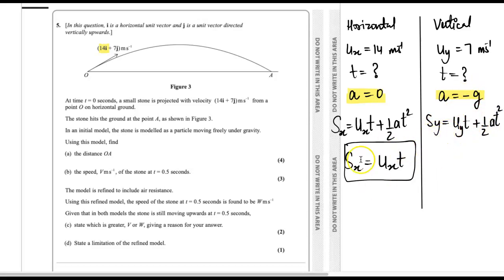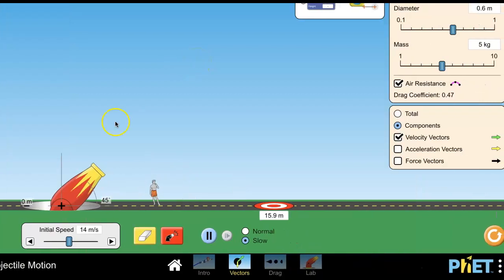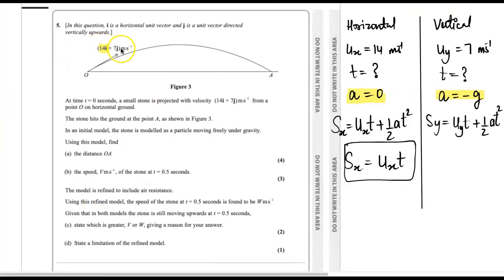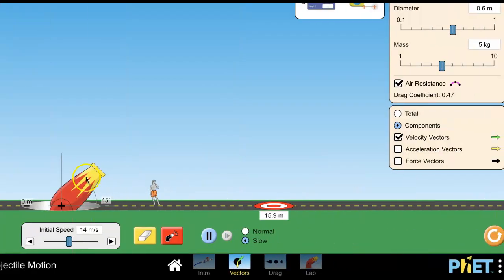Okay, from here we are going to go through some of the information, because you see the projectile, the same projectile I will be drawing and showing to you. So say for example I've added the initial speed, they are actually giving us 14i plus 7j, but we are taking 14 meters per second.